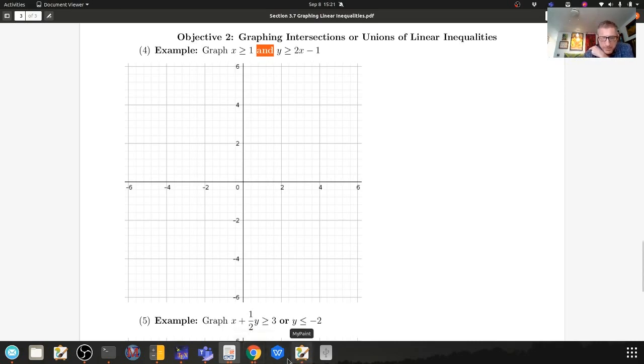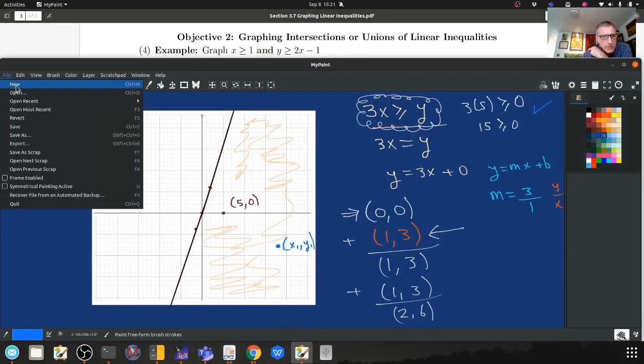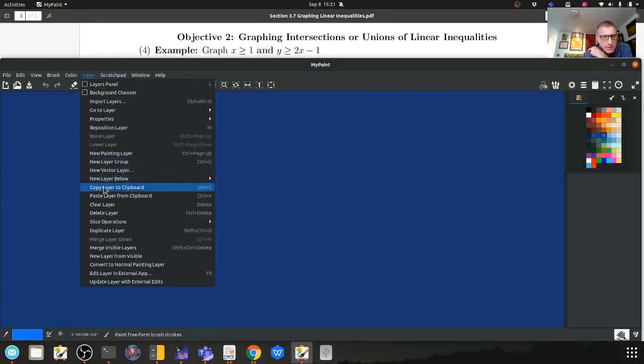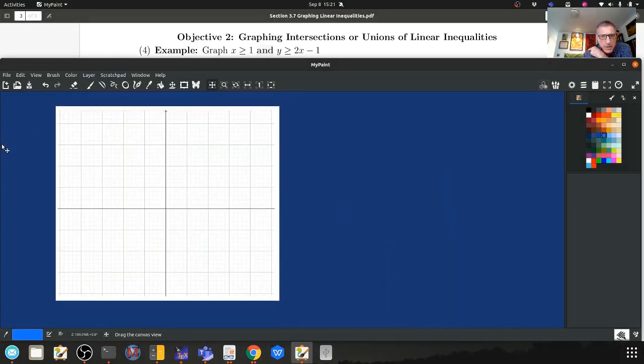So let's go back over to here, and let's start a new canvas. Do I still have it pasted to my clipboard? Oh, good. That makes things a lot easier. So we want to graph two lines. Again, the first thing we do is we graph two lines.